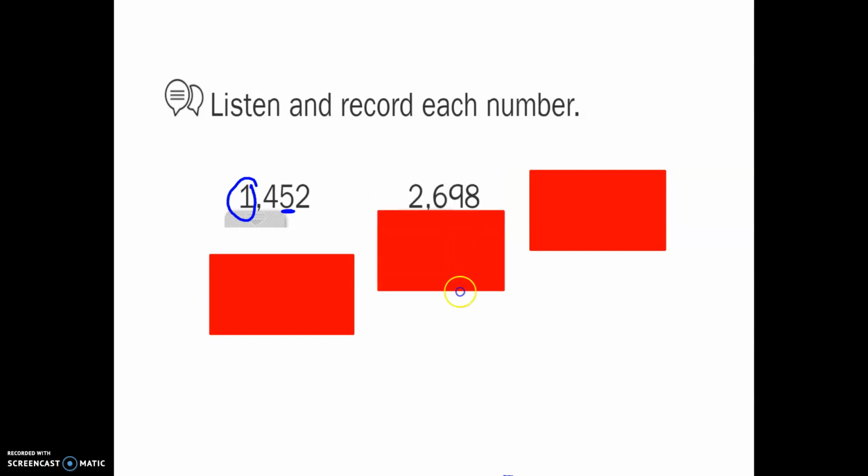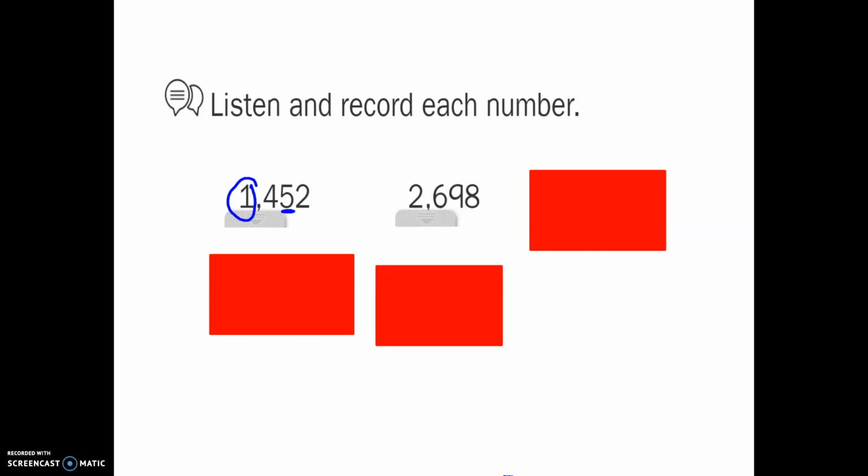In the next number, you've got 2,698. Circle the digit in the hundreds place. Very good. You should have circled the 6. The value of that 6 is 600. What is the value of the 2? The 2 is in the thousands place. The value of that 2 is 2,000.